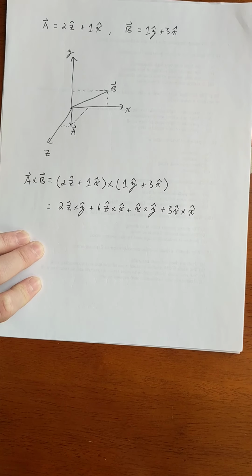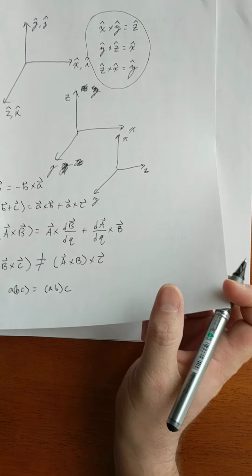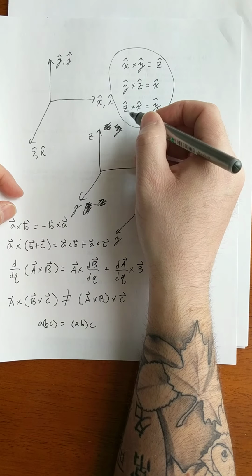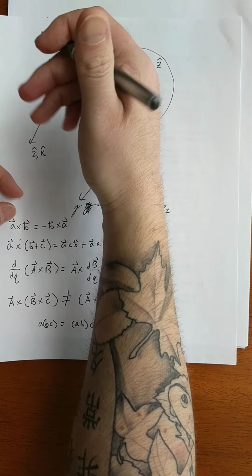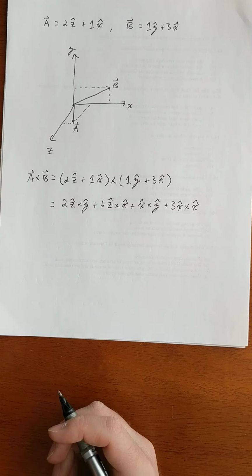We know from our little table earlier: X cross Y equals Z, Y cross Z equals X, Z cross X equals Y. We could also get that again by doing the right-hand rule on all those little bits.